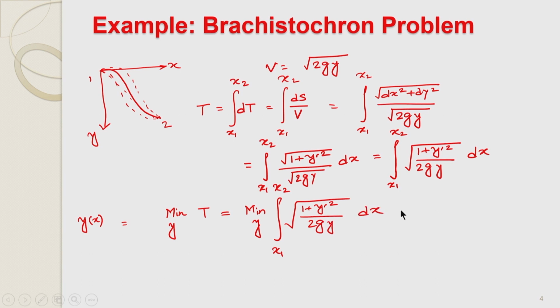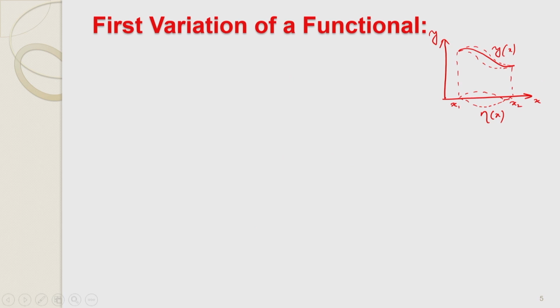So, here you can see this functional is dependent on y as well as y prime, where both are functions of x. In the next section, we will learn about first variation of a functional.